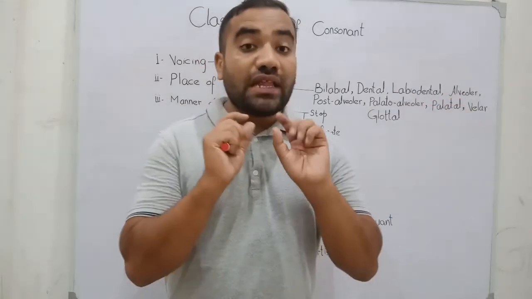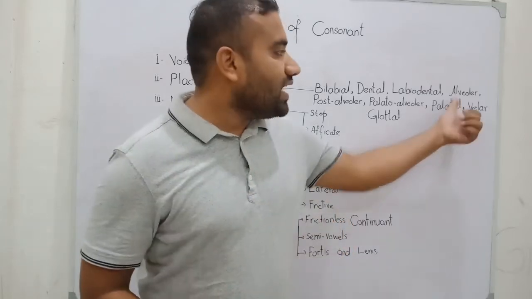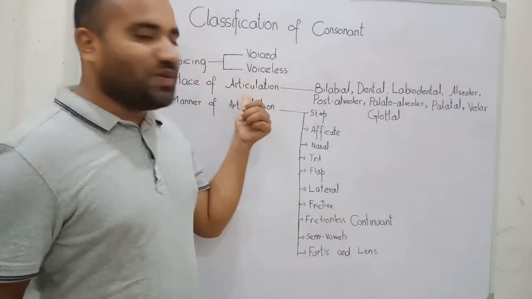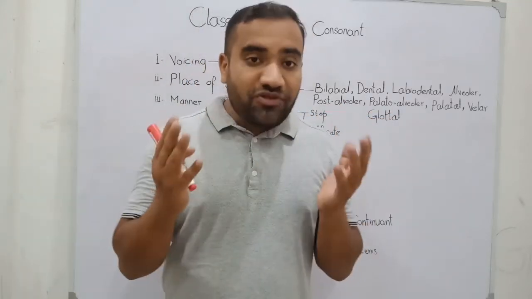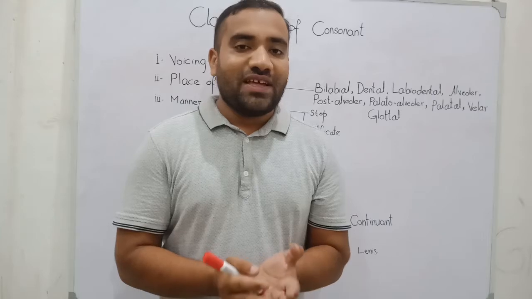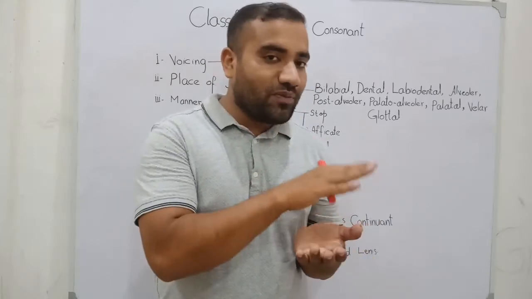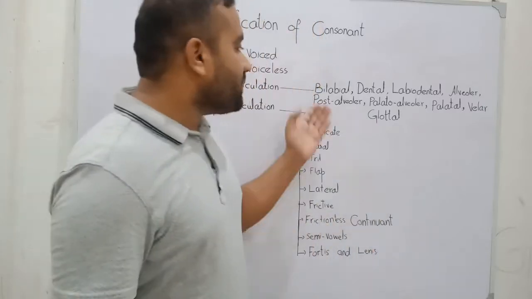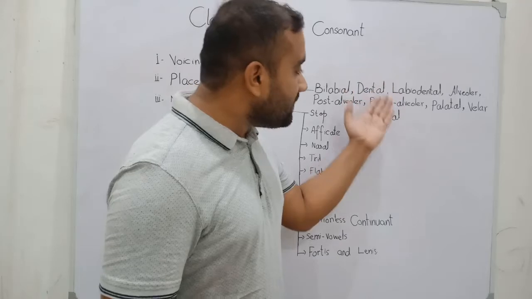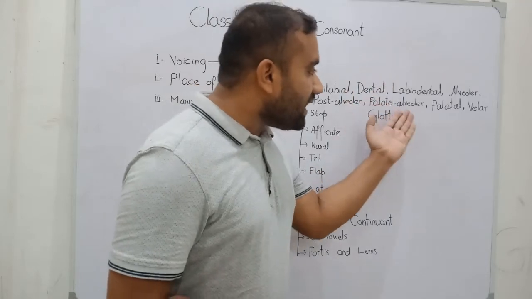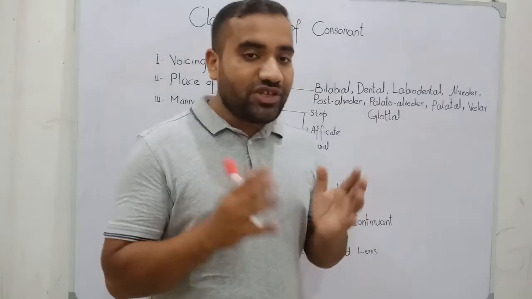Alveolar. When the alveolar ridge is involved, this is called the alveolar place of articulation. And post-alveolar. When your active articulator touches the post-alveolar position, this is called post-alveolar. And when your active articulator touches the palato-alveolar position, this is called palato-alveolar.